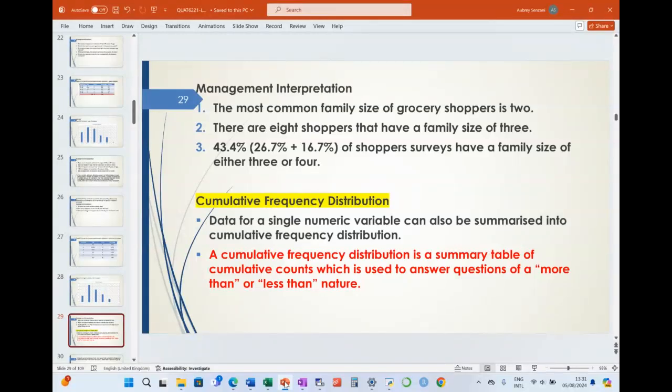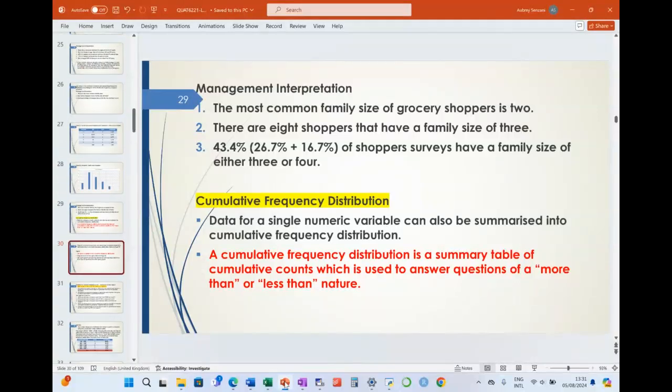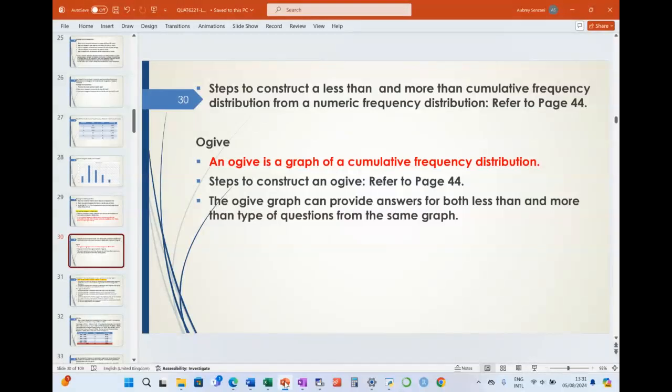So if you are thinking about how best we should utilize our resources in this regard or that regard, this is a very convenient means of looking at your data. An ogive, and I don't know if I'm pronouncing that right, is a graph of a cumulative frequency distribution.